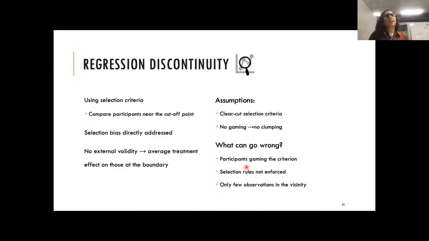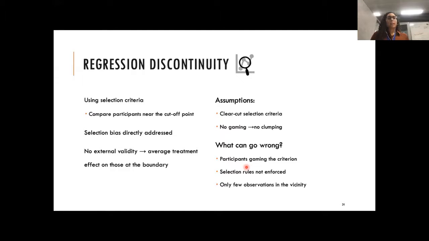For example, if we're measuring just the income of the people, and it is mostly casual workers, they decide that they are not going to work in the next 2 weeks, just while they are deciding who gets selected into the treatment and the control group, so they can classify as someone who is below the poverty line.